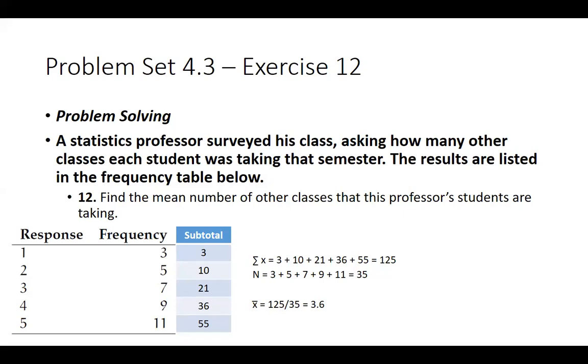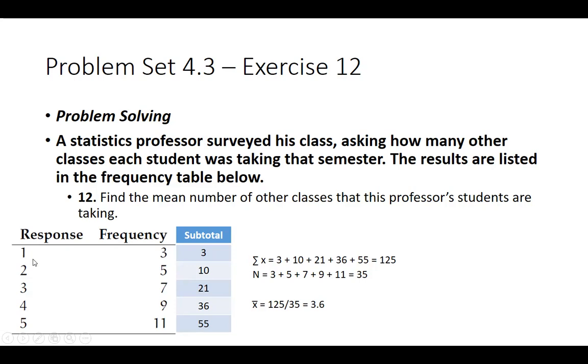That will give me my N. So 3 plus 5 plus 7 plus 9 plus 11 is 35. 35 is my N. If I add up my subtotals, that will give me the sum of my X's.